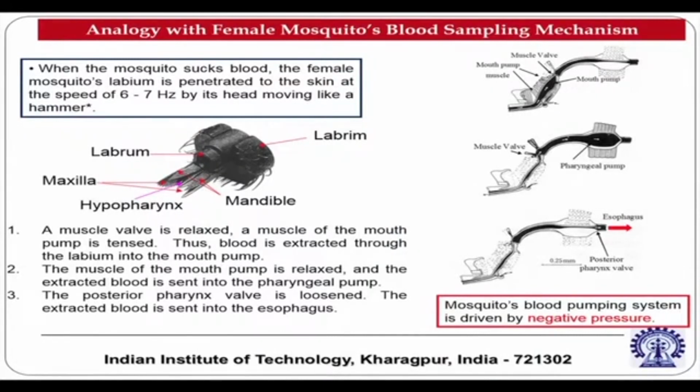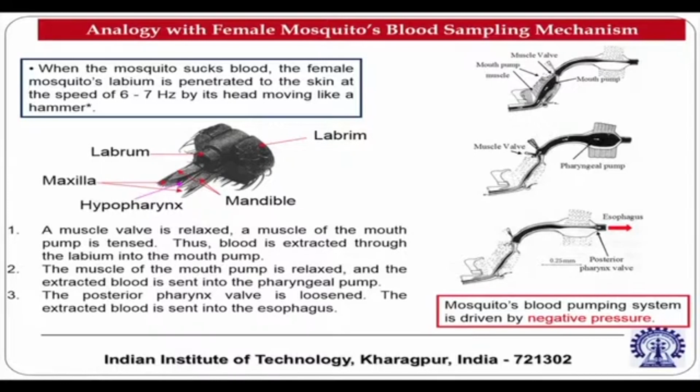Now where from we get an idea of generating a painless blood extraction and drug delivery system by creating a suction pressure? This is by drawing analogy with the female mosquito's blood sampling mechanism. This is the biomimetics that I talk about.